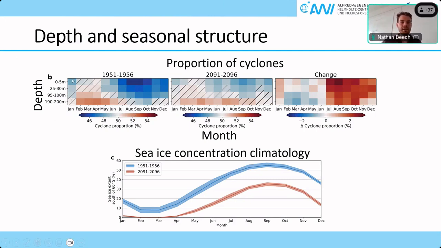And so given that we have a strong seasonal cycle, and the other thing from the Arctic is that they find a much stronger dominance of anticyclones. So there are some studies that have something like 90% of the eddies observed being anticyclones, or anticyclonic.